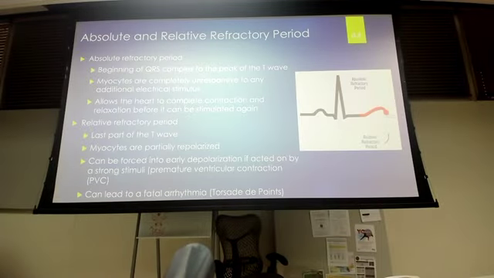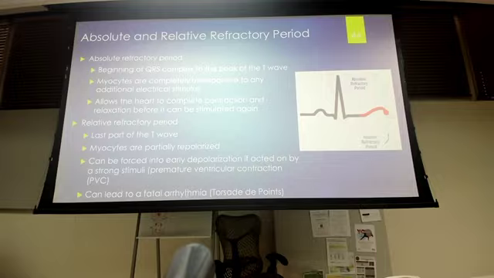That brings us to a really important point: something called the absolute and relative refractory period. The absolute refractory period is a time where it doesn't matter what type of insult occurs to the heart, we cannot cause depolarization to occur again immediately.